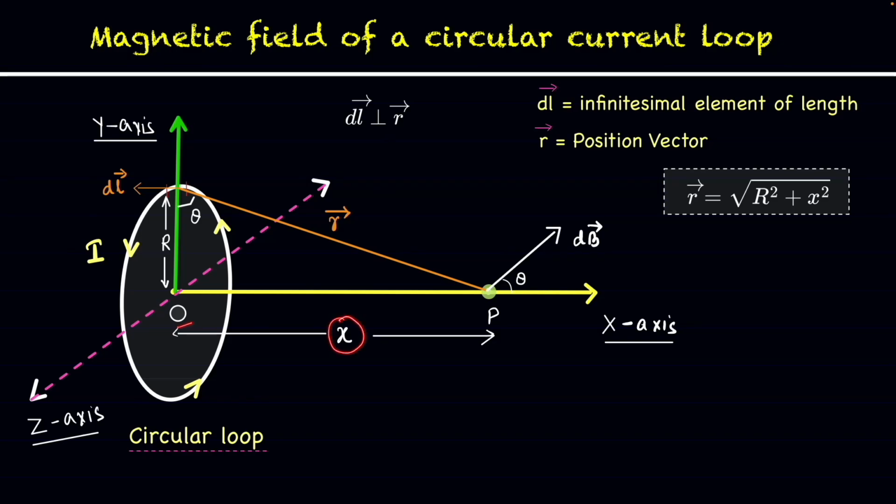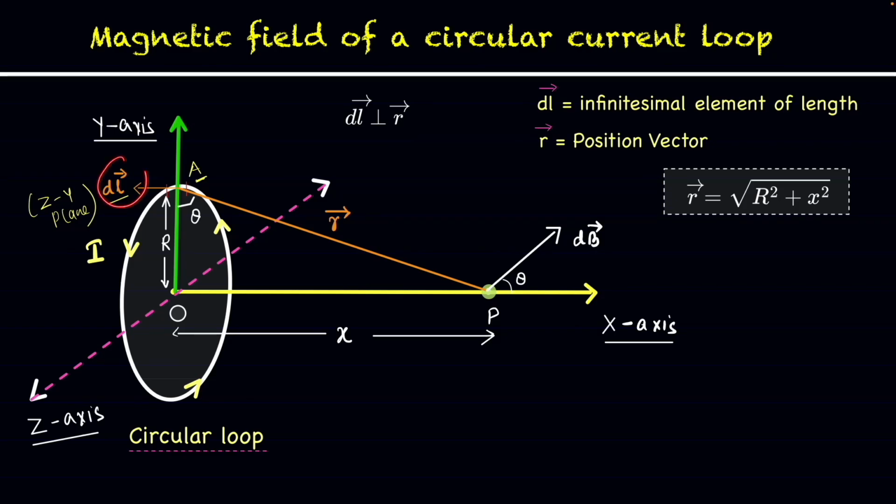So if we have to find the magnetic field, first we will take a very small section of the circular loop. This is our infinitesimal element of length dl. Here we can name this point as A, and this dl direction is along the z-y plane. Now, if we join this point A to point P, its distance is a position vector r.